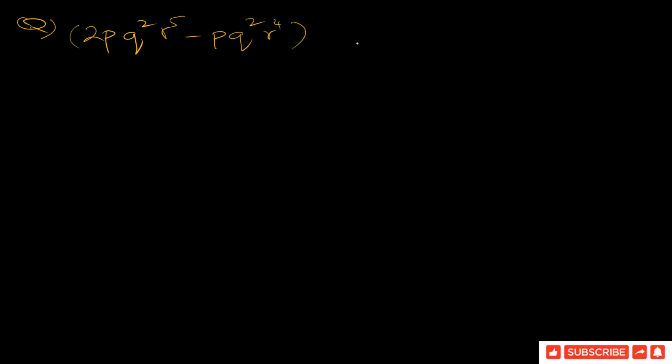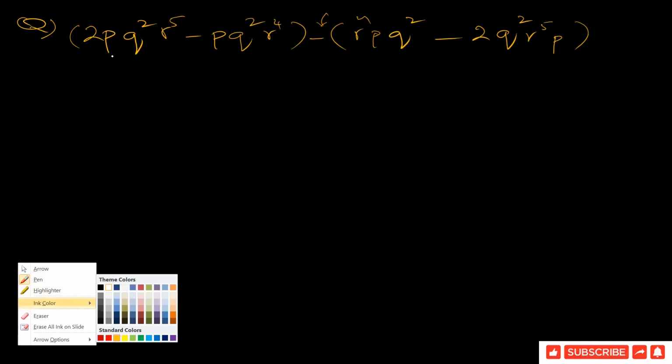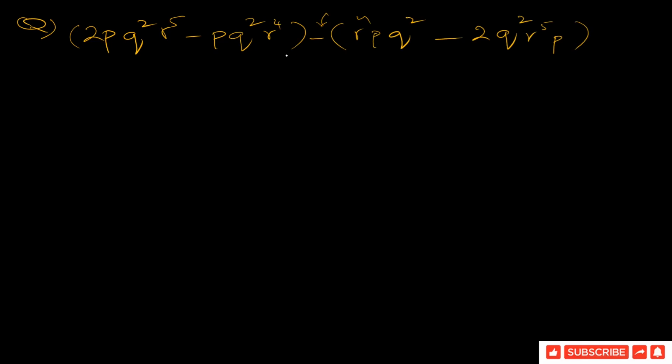We have to subtract the other expression from it, which is r^4 pq squared minus 2q squared r^5 p. First of all, we focus on changing the signs of the second bracket because both brackets have a negative sign in between. The first bracket we write as it is.